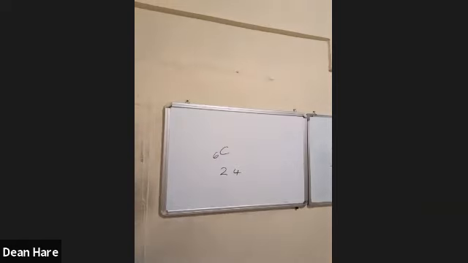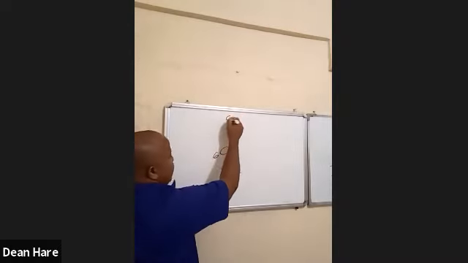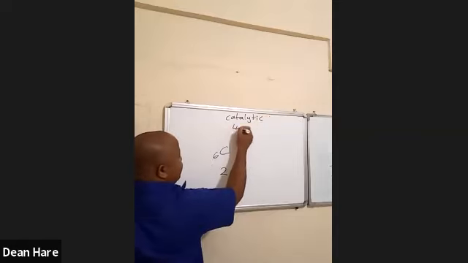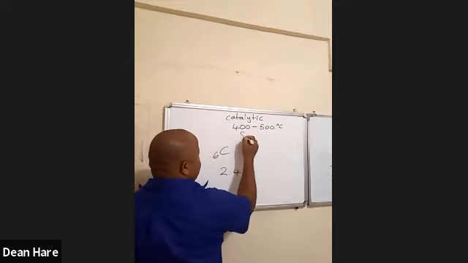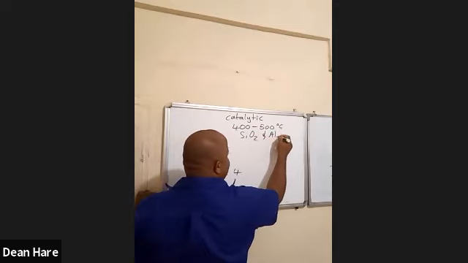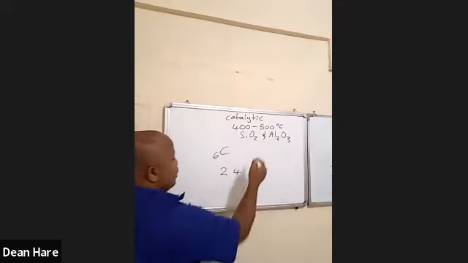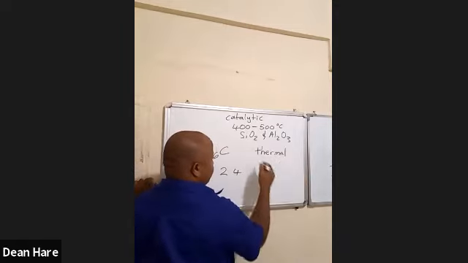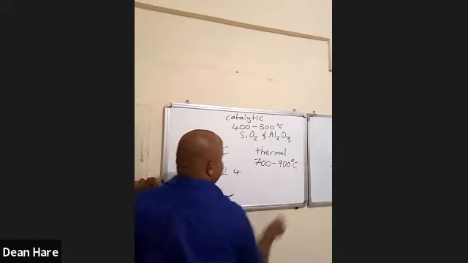Oh, so if you had chosen catalytic cracking, the temperature is 400 to 500 degrees Celsius, and the catalyst is silicon dioxide and aluminum oxide. That is if you chose catalytic cracking. If you chose thermal cracking, which is just heat, it would be 700 to 900 degrees Celsius.